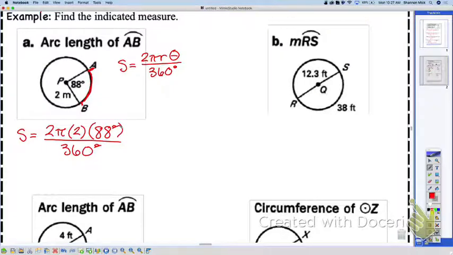Okay, so let's see. Put it in your calculator. Well, I would hope you would reduce that a little bit. What is 2 times 2? 4. Does 4 go into 360? Yes. So this would be 90, wouldn't it? Could I reduce 88 and 90? Yeah, by what? 2?